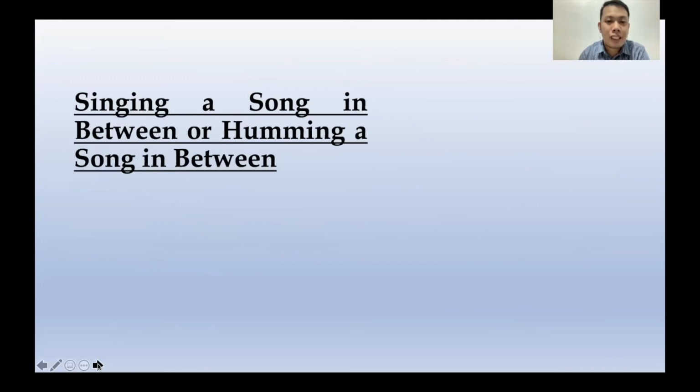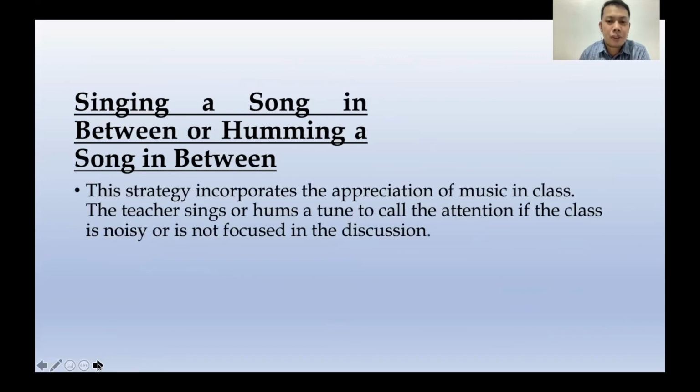So first is singing a song in between or humming a song in between. This strategy incorporates the appreciation of music in class. The teacher sings or hums a tune to call the attention if the class is noisy or not focused in the discussion. So it could be singing or it could be humming.